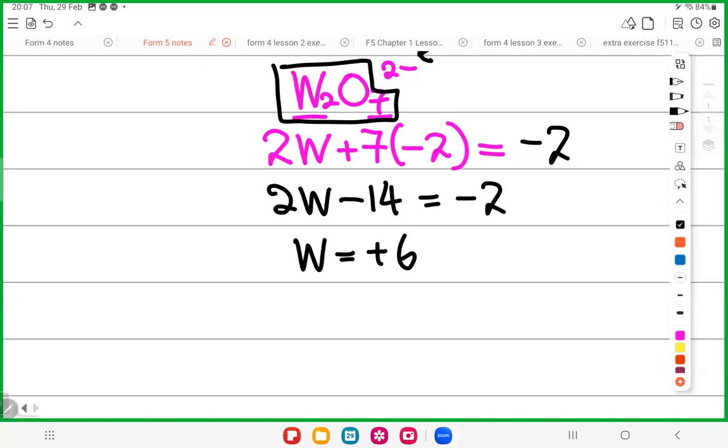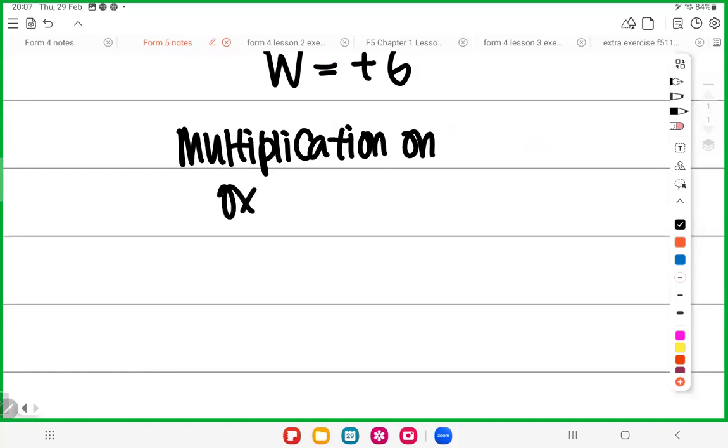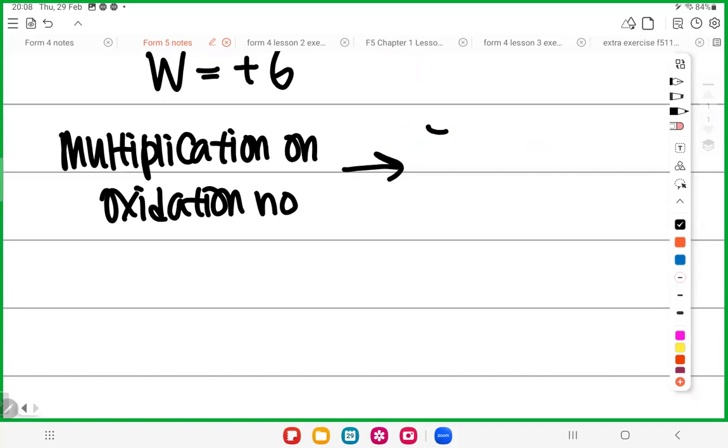So I told you before, when you should do multiplication, okay? You should do multiplication on the oxidation number if you want to find an unknown. If there is any oxidation number that you don't know, then you must do multiplication.